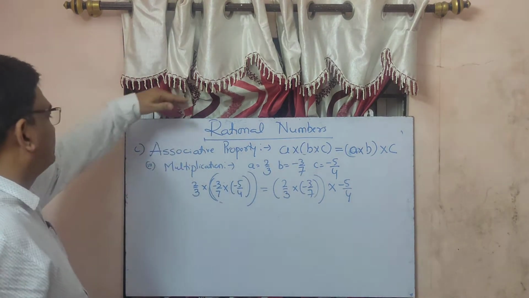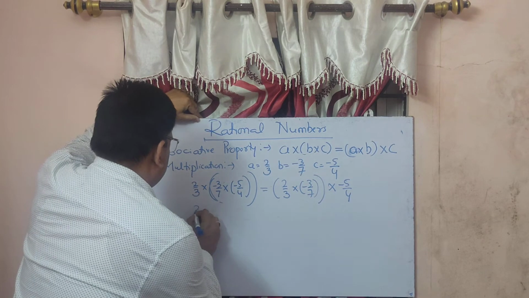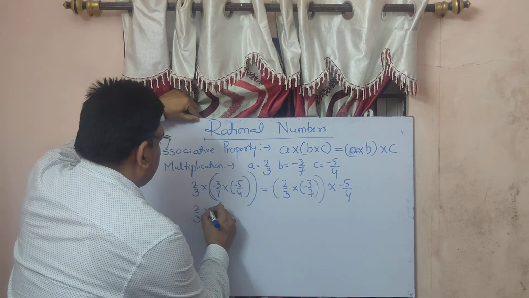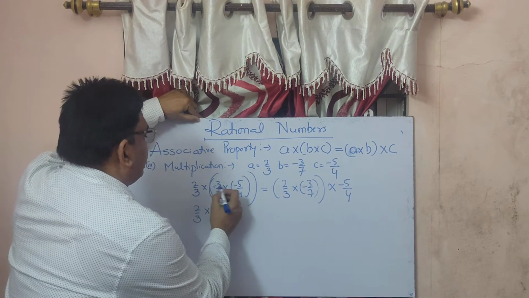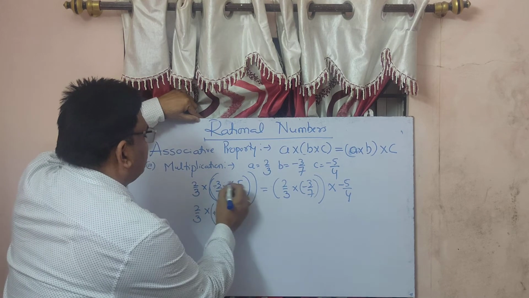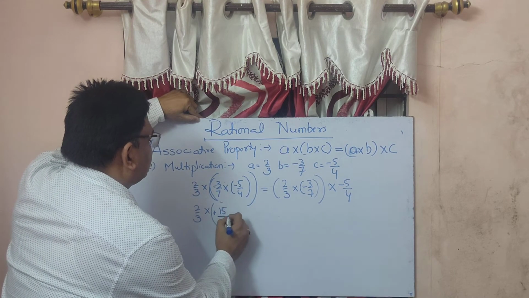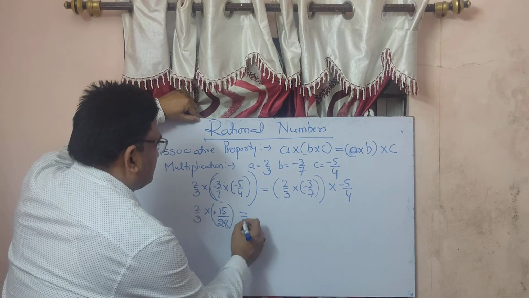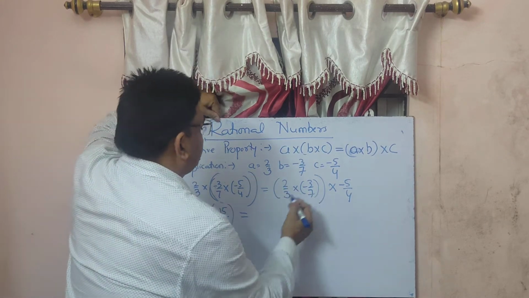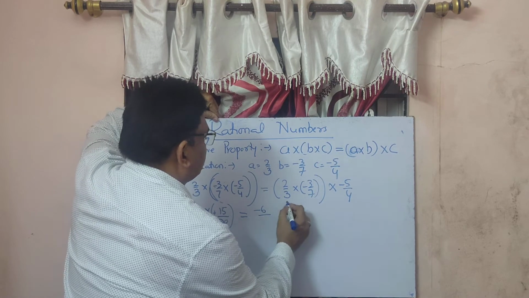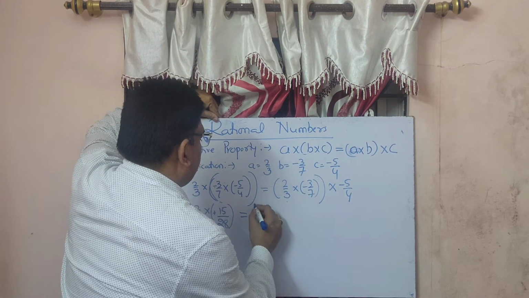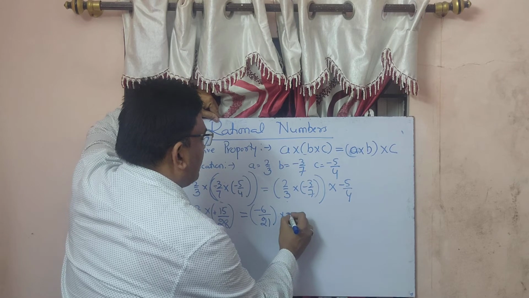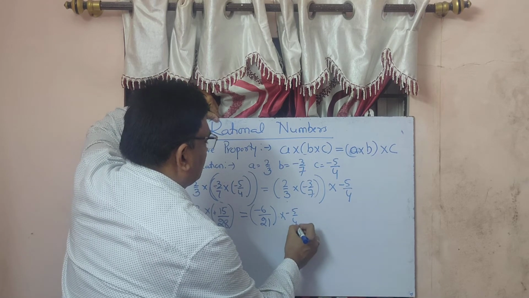Now let us check it. What will be the answer? 2 upon 3, let us open the bracket now. Minus into minus becomes plus. 3 5s are 15, 7 4s are 28. That is equal to, now 2 3s are 6, 3 7s are 21, into minus 5 upon 4.